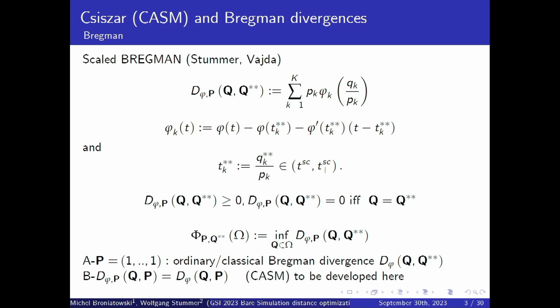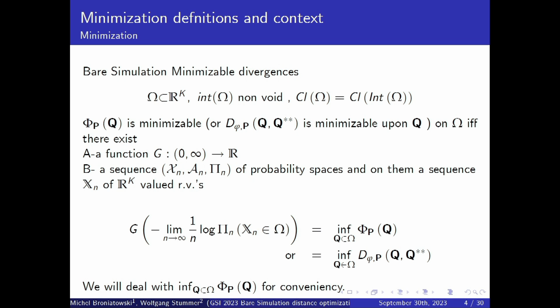From this global setting, we can recover what happens in the classical Csiszár type divergences or the classical Bregman ones. Okay, but I will stick to the Csiszár framework, which is more at hand.